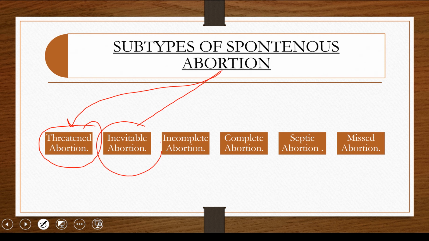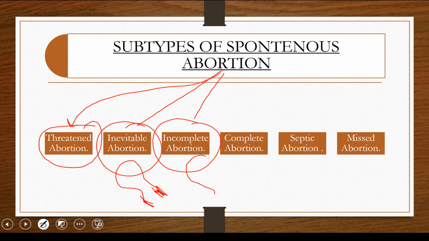Inevitable abortion. This is important, high yield from the exam point of view. Inevitable abortion is when the process of abortion has begun and nothing can stop it. Why? Because here the cervical os is open and the cervix is already dilated, so it leads to abortion. Incomplete abortion is when some of the fetal parts are retained within the uterus and some of the fetal parts are in the vagina.